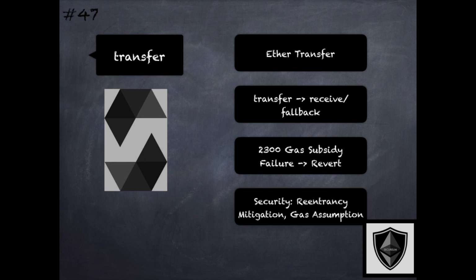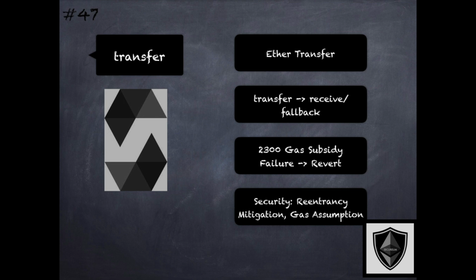So from a security perspective, this primitive affects reentrancy. Talk a bit more about that later on. And this is really a primitive that was introduced to mitigate the concept of reentrancy, where the target contract, if it is untrusted, could potentially call back into the caller contract and really lead to unintended or undesired behavior that could affect token balances or other contract logic in a very critical way.